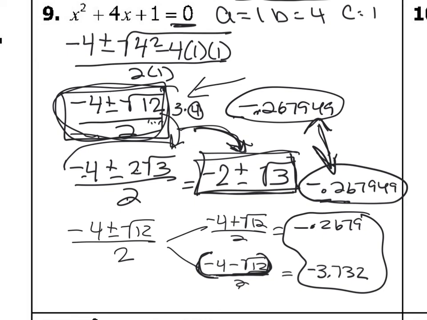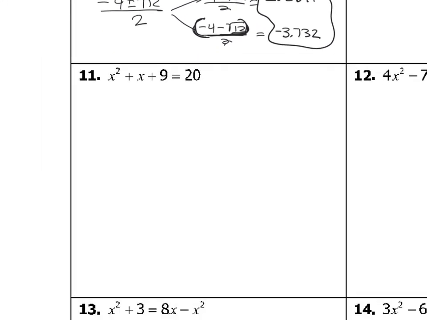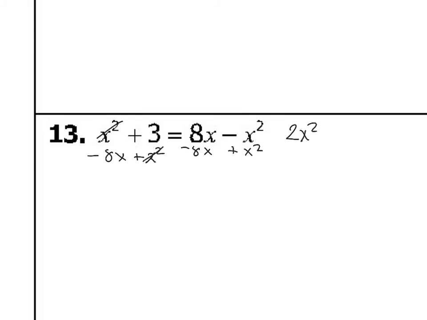Let's do one more here. Let's do number 13. I need to get rid of these by doing the opposite and do the same thing over here to make that equal 0. So we'll have 2x squared, so we got 2 of them, minus 8x plus 3 equals 0.